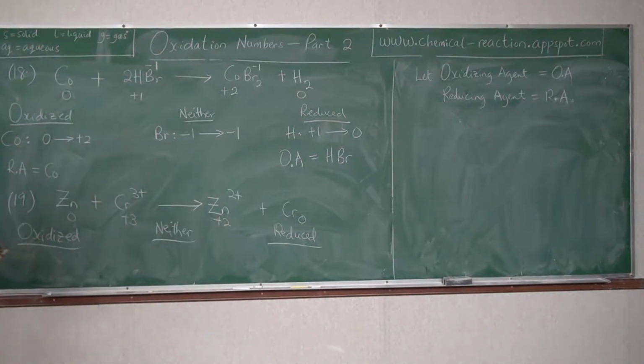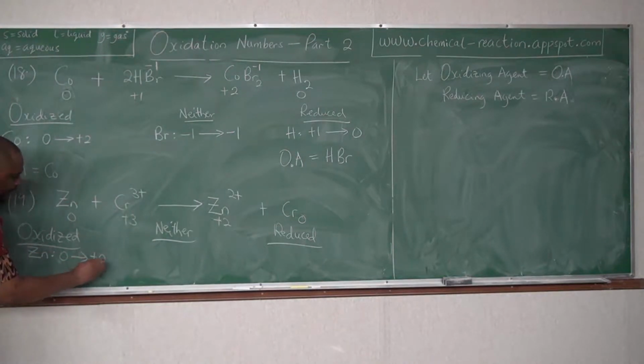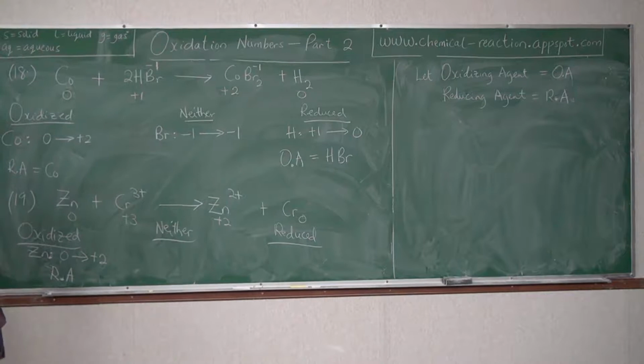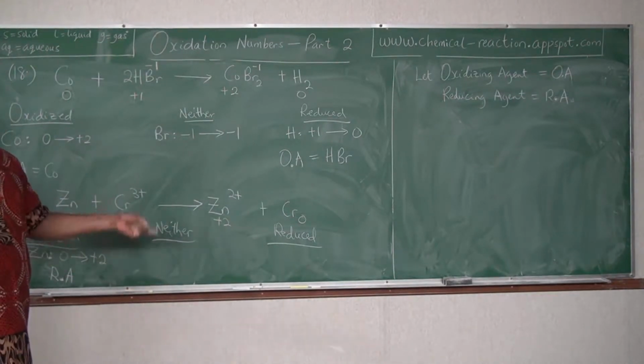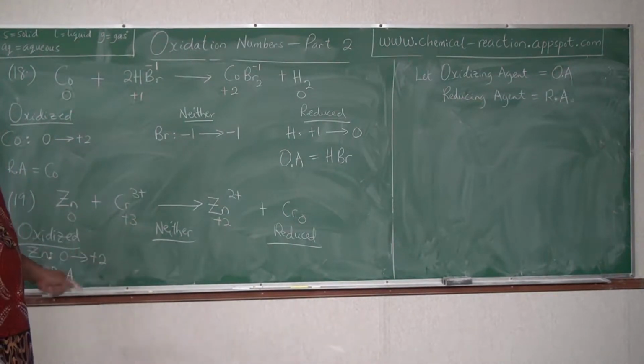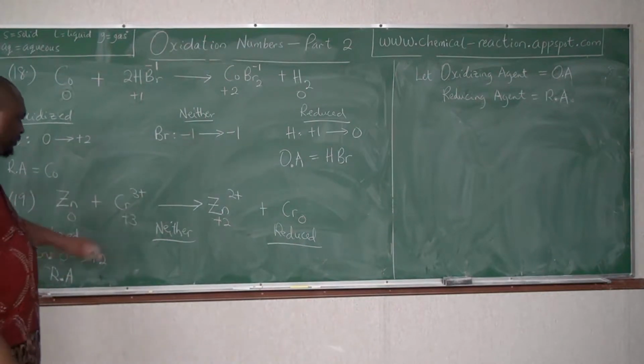So as you can see, zinc is oxidized, because it's from 0 to plus 2. So zinc is the reducing agent. And then we don't have anything that is neither oxidized nor reduced, so for neither, just leave it.